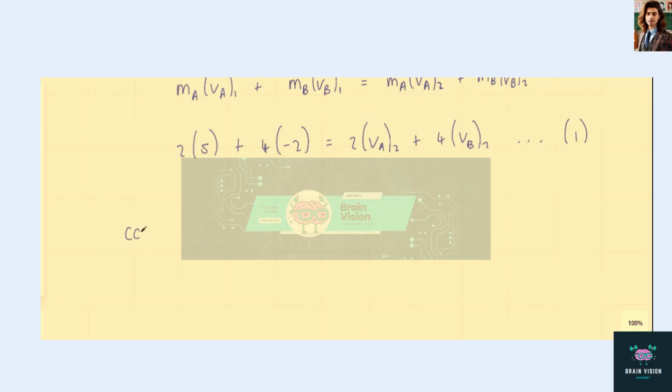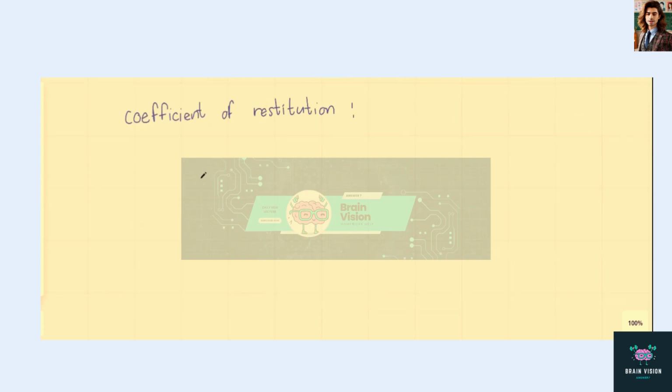Now, if we look at the coefficient of restitution, we know that the coefficient of restitution, e, is equal to the final velocity of B, V_B2, minus the final velocity of A, V_A2, all over the initial velocity of A, V_A1, minus the initial velocity of B, V_B1.